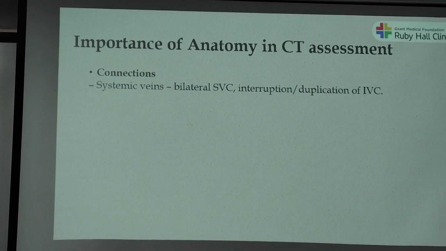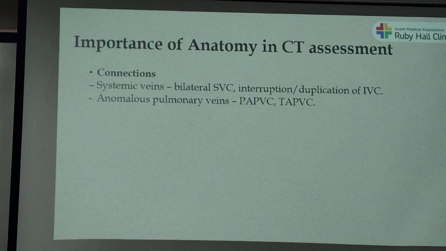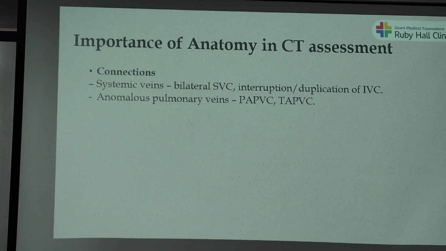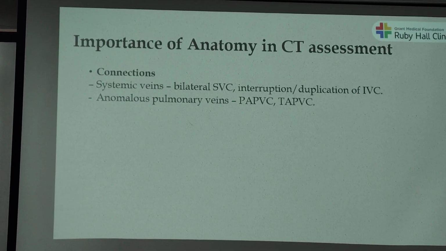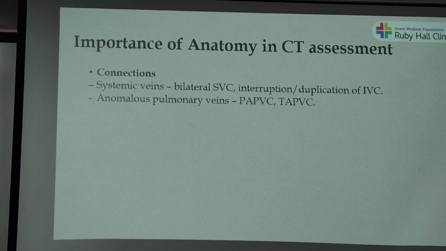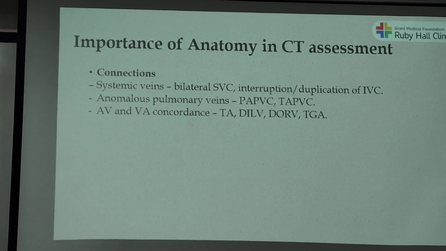Again, there are other anomalies like interruption of the IVC and duplication of the IVC, which you can pick up when you see the systemic veins. When you see the pulmonary veins, you can pick up anomalous pulmonary venous drainage. It can be PAPVC, partial anomalous pulmonary venous drainage, or TAPVC, total anomalous pulmonary venous drainage. Obstructed TAPVC is a neonatal surgical emergency where you have to make decisions very fast, within hours.